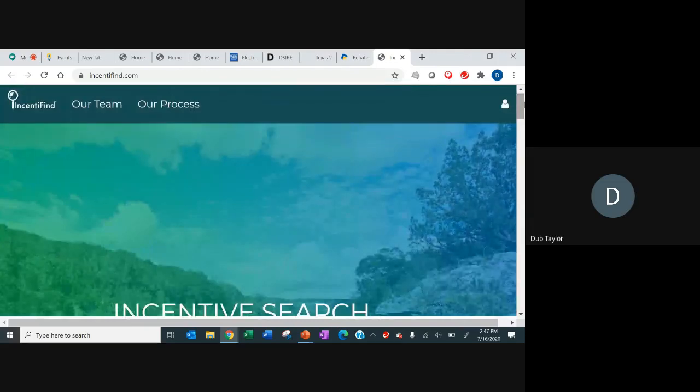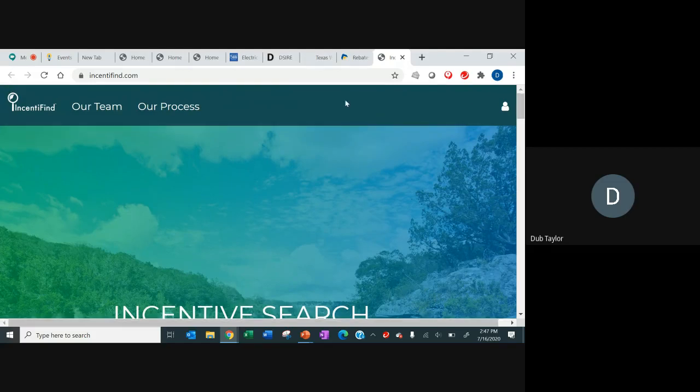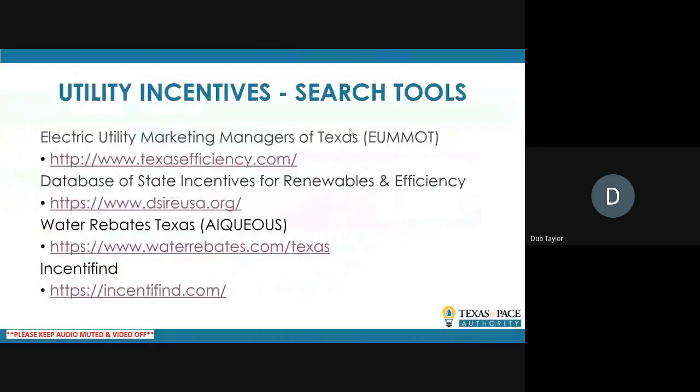So you're using their expertise to help navigate the process. It does cost money to get all the way to the end if they help you with the application, but the incentives you secure are far in excess of their fees based on the projects they've done so far. So again, that's a Houston-based company that can help navigate this process. So some tools there, search tools to help identify these better.